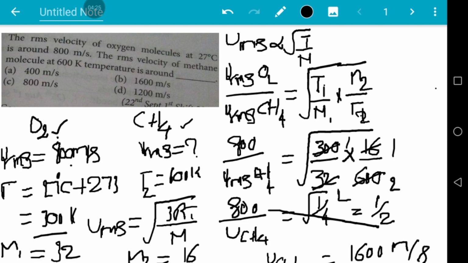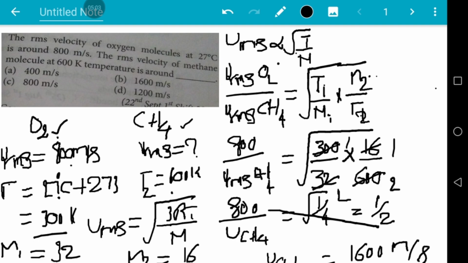Here the URMS of oxygen is given, and the RMS value of CH4 is asked. Temperature values are given, and the mass values we can calculate: O2 mass is 32 and CH4 mass is 16, and the URMS formula is root of 3RT by M. Here 3 is a constant and R is also a constant, so URMS is directly proportional to root over T by M. Now URMS of O2 by URMS of CH4 gives the formula root of T1 by M1, where T1 is the temperature of oxygen and M1 the mass of oxygen, into mass of CH4 by temperature of CH4.